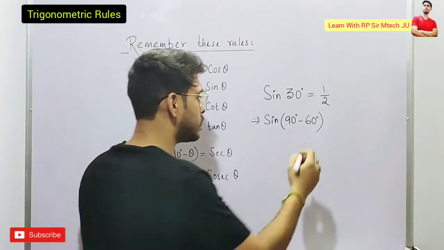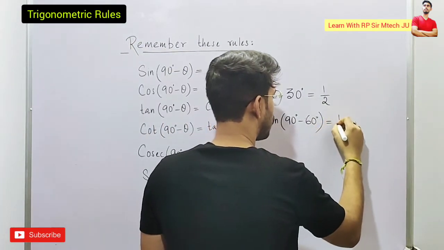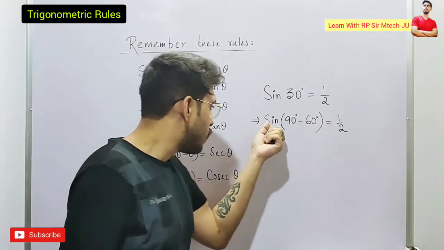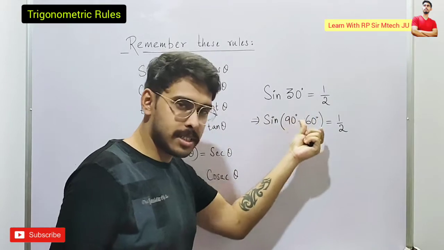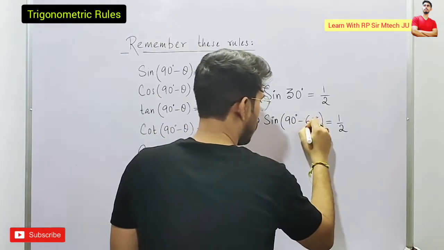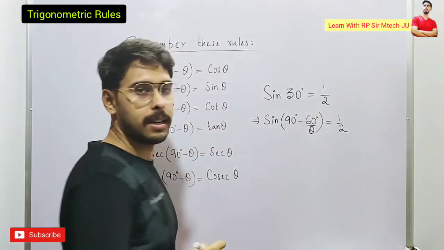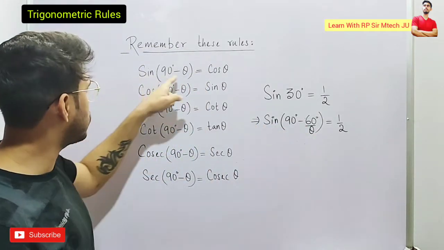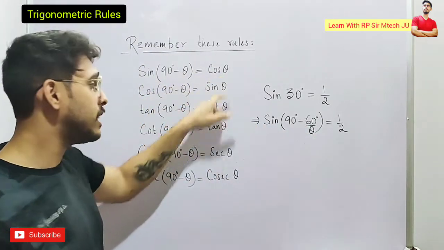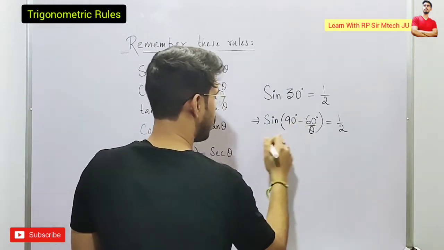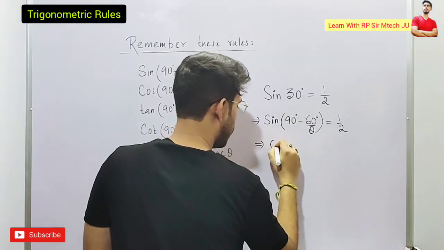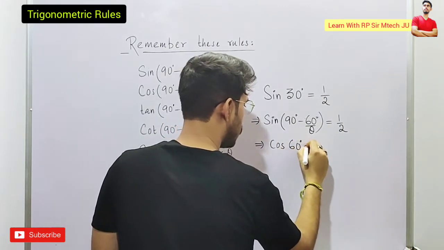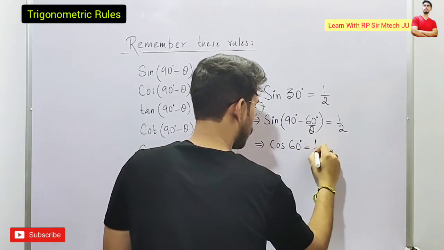So this is also equal to 1 by 2. Now, when I put sine 90 minus 60, this 60 becomes theta. So sine 90 minus theta is equal to cos theta. Theta I have considered as 60, so that will be cos 60, which is also equal to half.